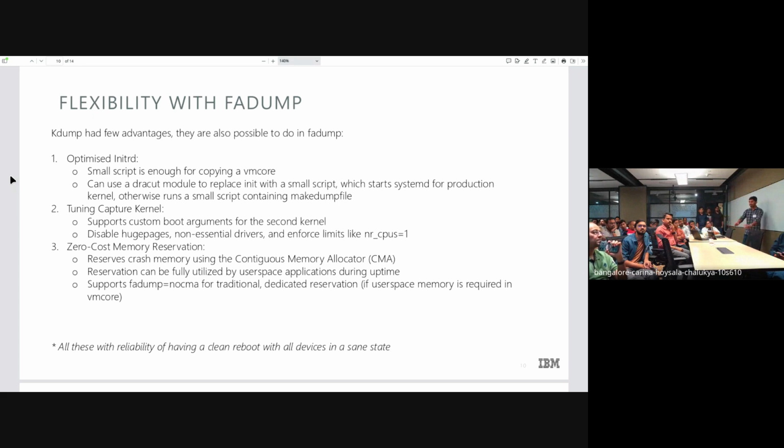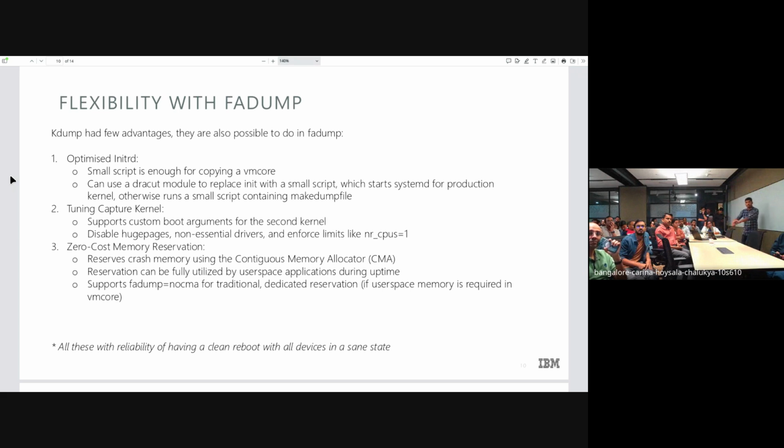That way you save a second reboot. That is one feature which we are not utilizing, but by design that feature is supported.